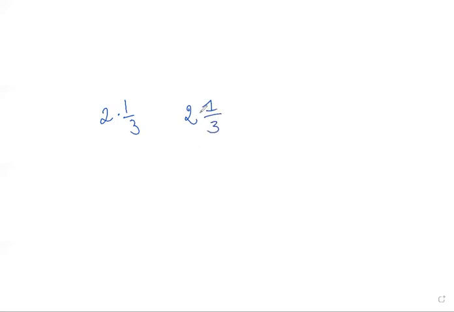If there's nothing in between, no parentheses, or just written like this, treat it as an addition. So 2 plus 1/3. That's it. Nothing else. It is not 2 times 1/3. No, it's a plus.